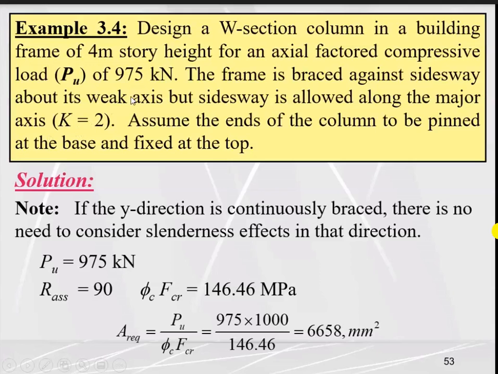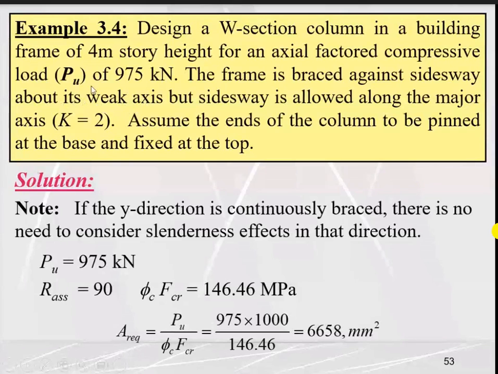So in this case, actually, what is side sway? I have already explained. If the ends of the supports or the ends of the column move relative to each other during the application of the load, along with buckling, that is referred to as side sway. So in this case, side sway is not permitted, or the frame is braced against side sway about the weak axis.